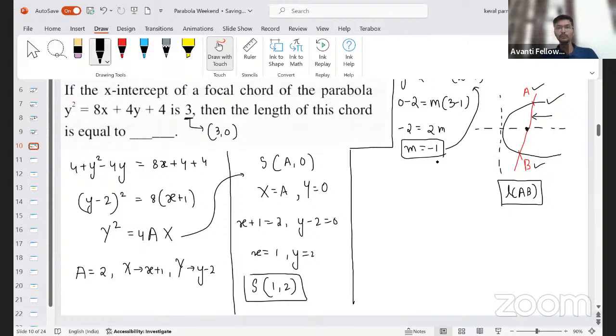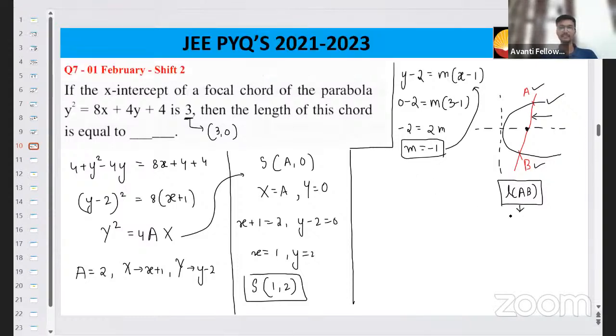So the slope is minus 1. See, for the length of the focal chord, we have a standard result, which equals 4a cosec square theta. I hope you remember it. We derived this, right?